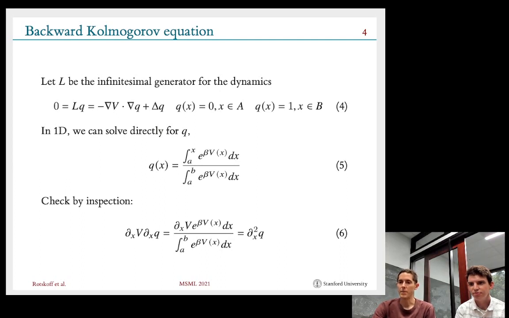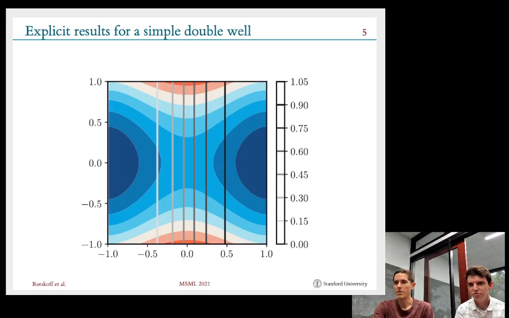And so I'm just going to show a simple plot of what this looks like for a one-dimensional double well. This is primarily just to expose the viewer to the types of plots that we're going to be showing later on, but basically all this is indicating is that in solid colors the contours of the energy landscape are plotted, and then the lines are isosurfaces of the committor.